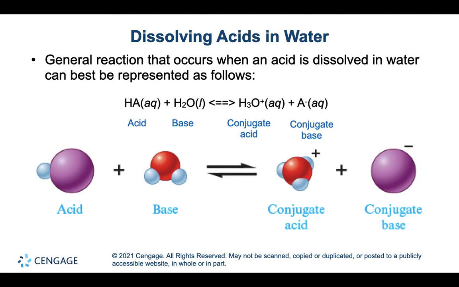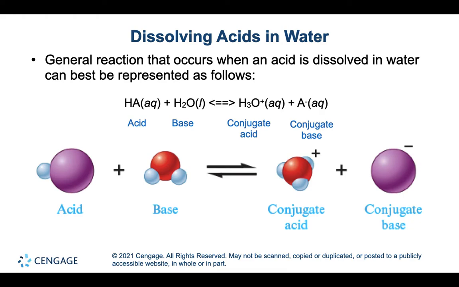So whatever the H is attached to that's going to give H plus away, whatever the rest of that is, A, we'll just generically call it A because there is no element with symbol A. HA then is our acid, and when you dissolve an acid in water, it's going to give H plus to the water to form the base. Now notice the double-headed arrow here showing that the reaction can go forward and reverse.